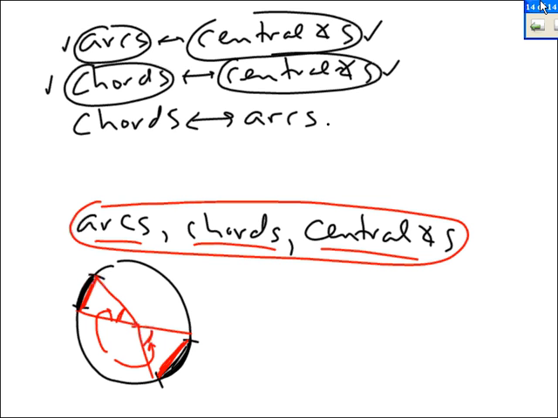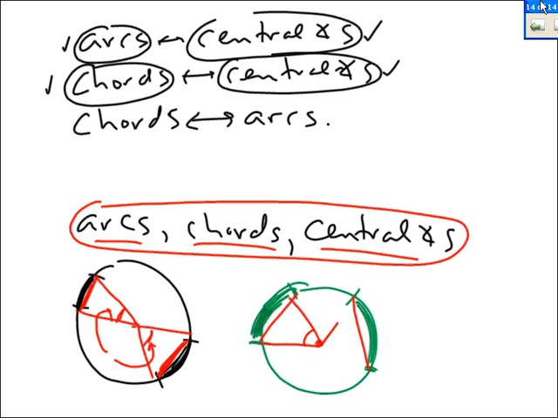Again, if you have a circle and you have this arc here, from here to there, and you have this arc over here, and they're the same length, they're congruent. Oh, you mean that that chord and that chord are the same? You better believe it. And if that's the center, you mean this angle and that angle are the same?